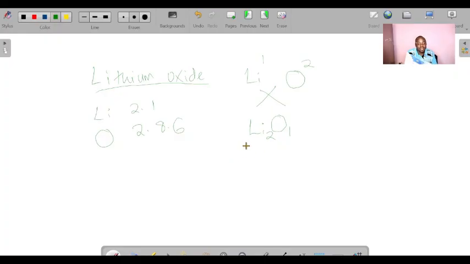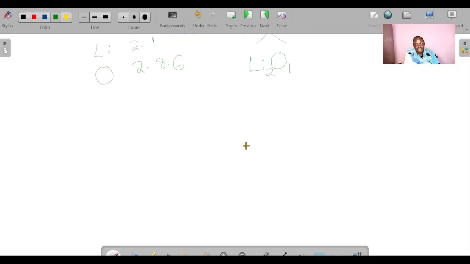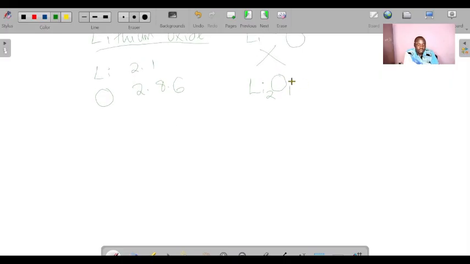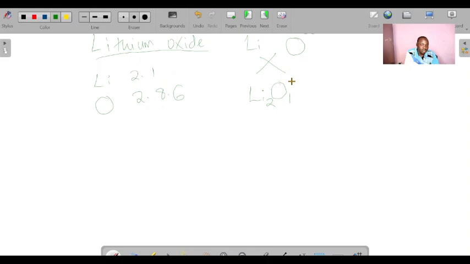So we want to try now to write the formula. So we shall have our lithium. Looking at this, we can see that there are 2 lithium atoms. So because of that, our formula becomes lithium oxide. So there are 2 lithium atoms combining with 1 oxygen. We don't have to draw the individual lithium atoms as well as the oxygen atom.